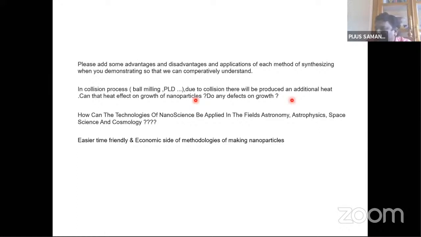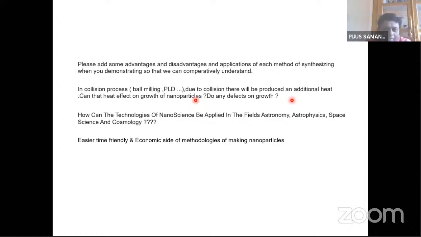As the heat is generated during the collision, those dislocations and defects move to the surfaces and crystal growth occurs, so ultimately the defects become lesser and lesser. That is one inherent advantage of the heat production during the process. And obviously the produced heat will increase the particle size. In that case, we have to control the growth by reducing the growth duration.